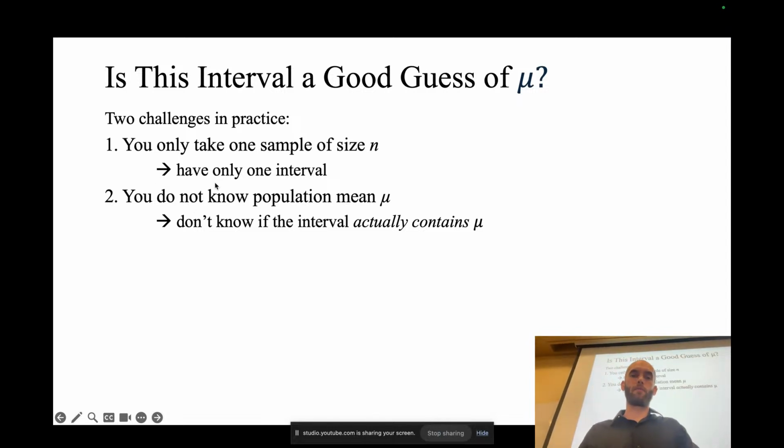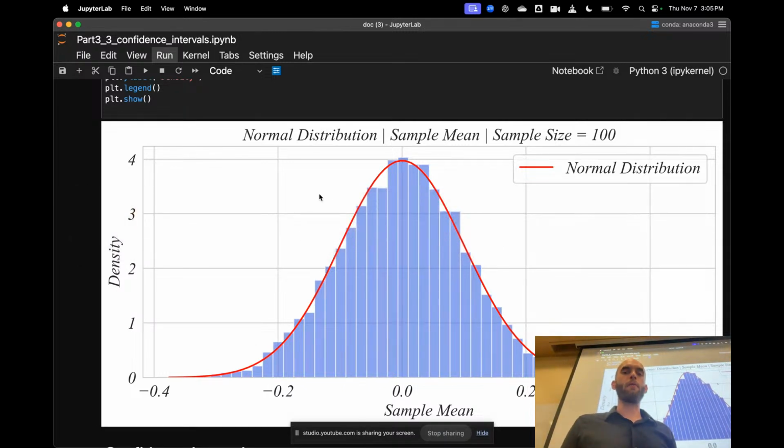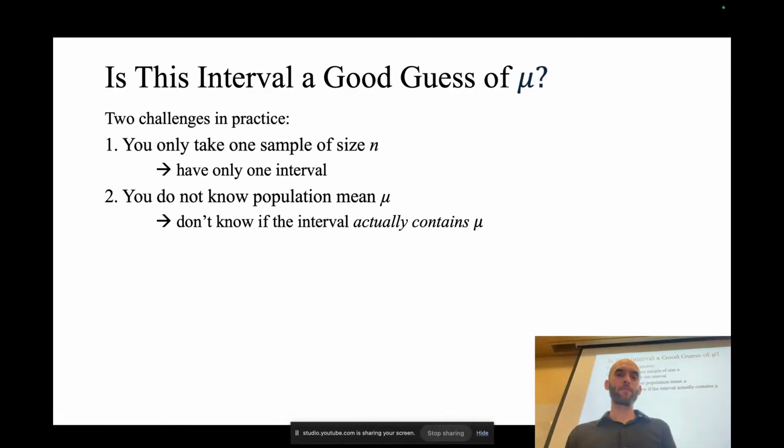We really only take one sample. What the central limit theorem told us is the distribution when we take many samples, and this is where we have to translate our knowledge from the central limit theorem into something we can work with. We're not taking many samples, we're just taking one. How do we work with that?